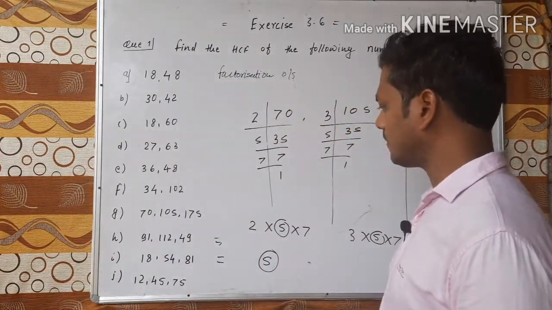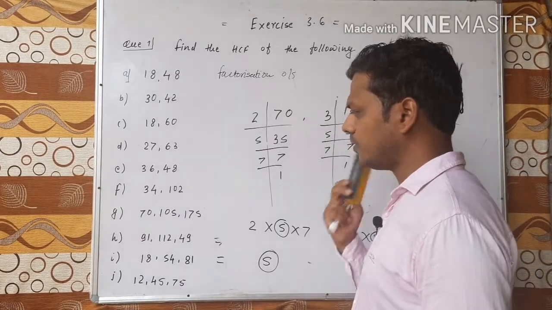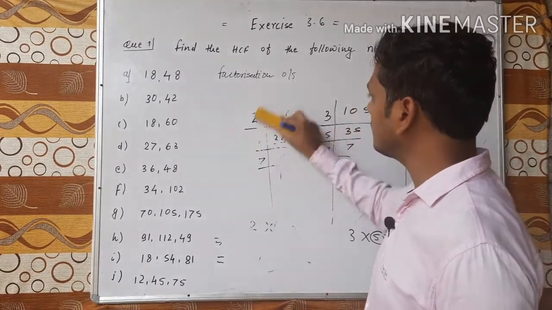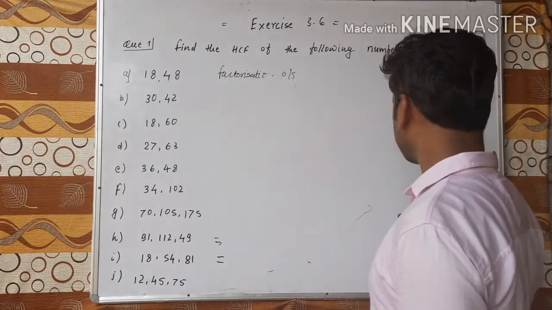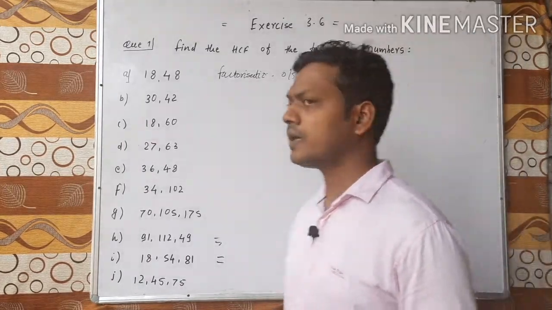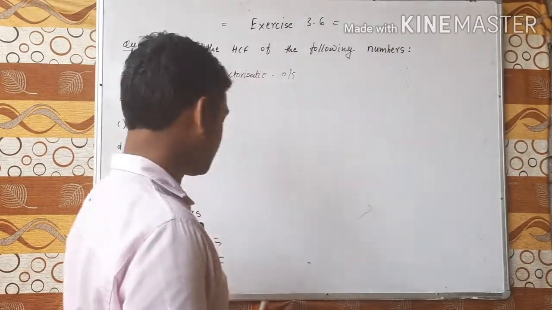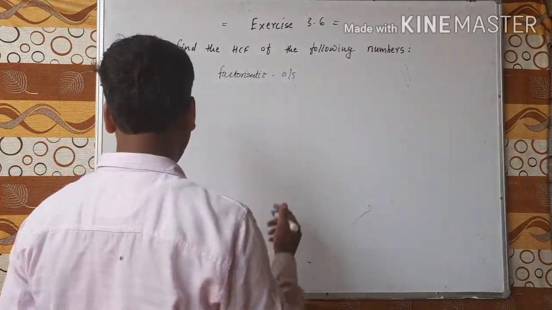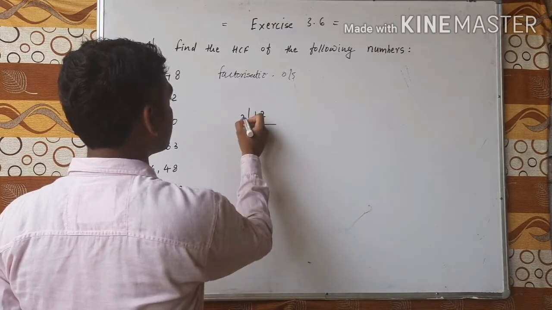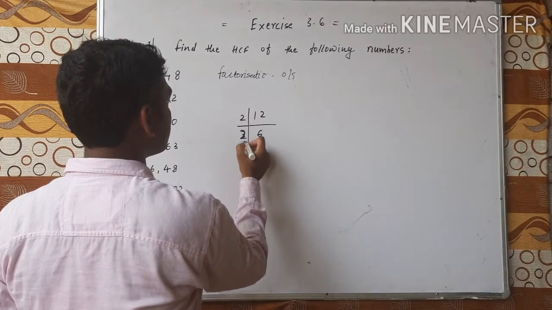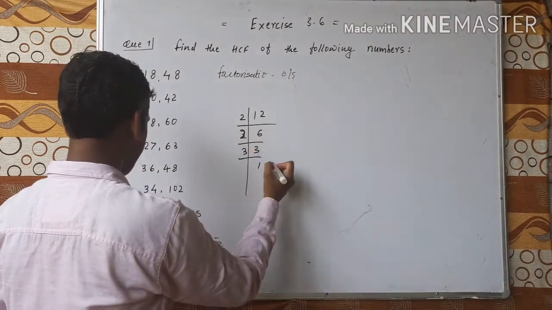We can solve the last question from question number 1, that is I, and it is again the same kind of question. So firstly we find out their factors. What are the factors of 12, 45 and 75? 12: 2 6 times, 2 3 times.